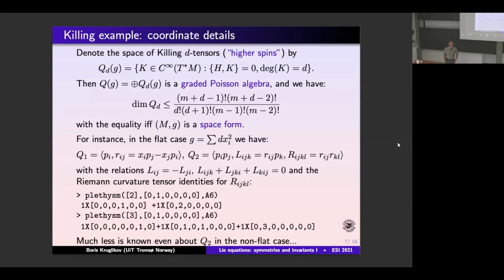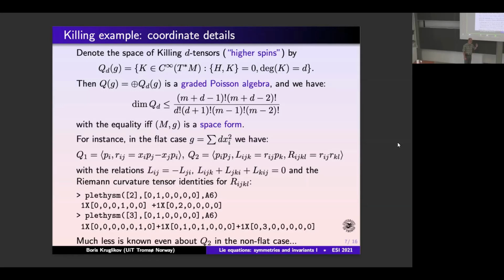Okay. So, can you explain a bit what you mean? That it's not known? Well, for example, the maximal dimension for Q2 is given, right? It's actually the dimension of curvature tensors. What will be the sub-maximal dimension, for instance?